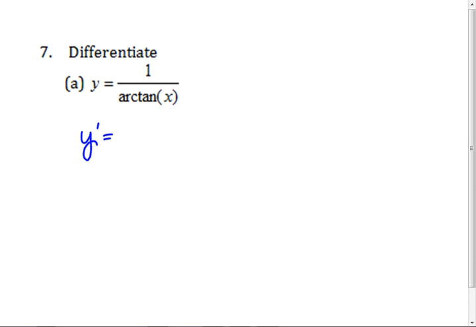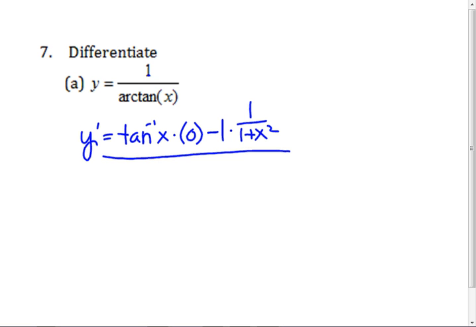Okay. It's the denominator, arctangent, times the derivative of the numerator, which is 0. It's below the derivative of the upper one, d high, minus high times the derivative of arctangent, which is 1 over 1 plus x squared, over the denominator squared.